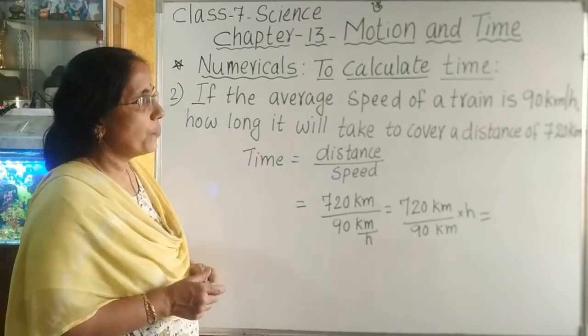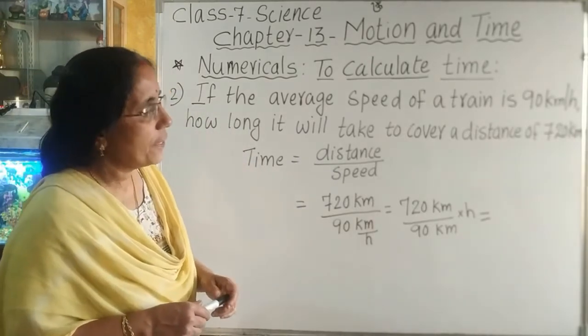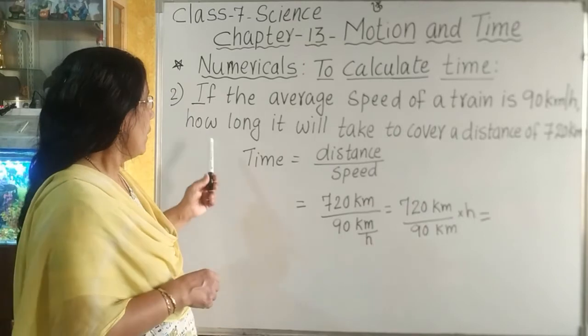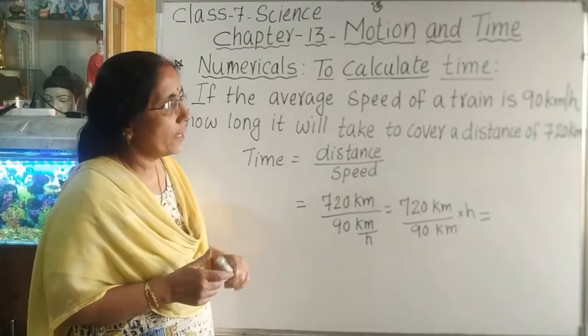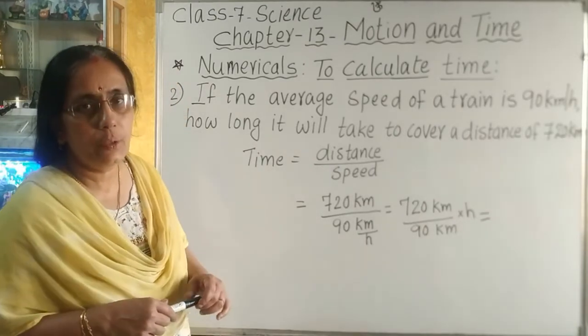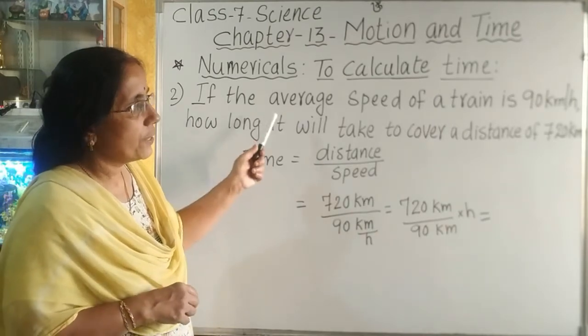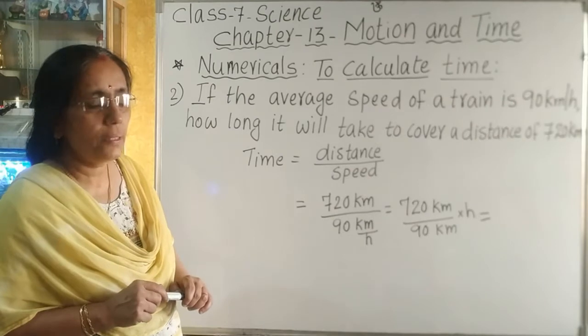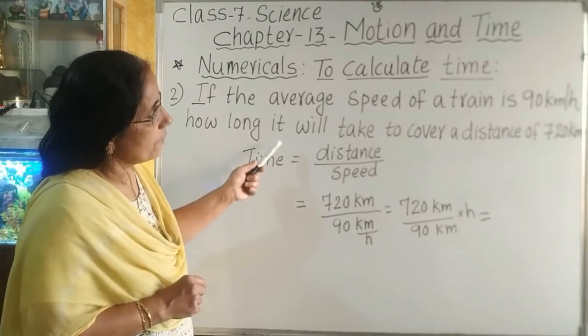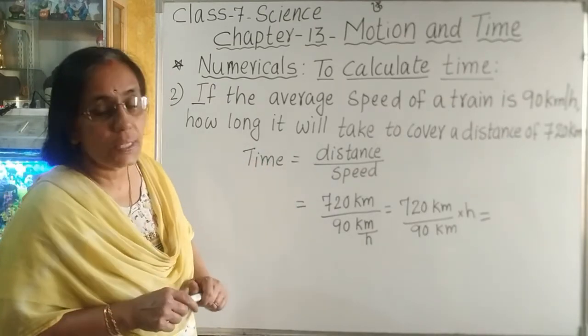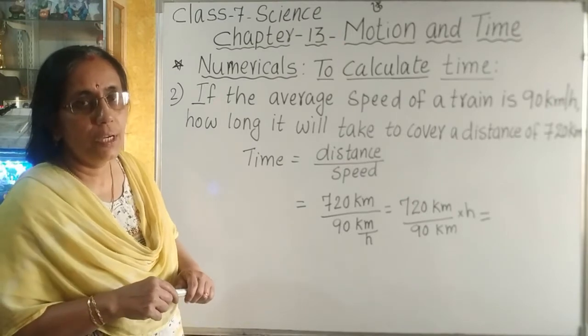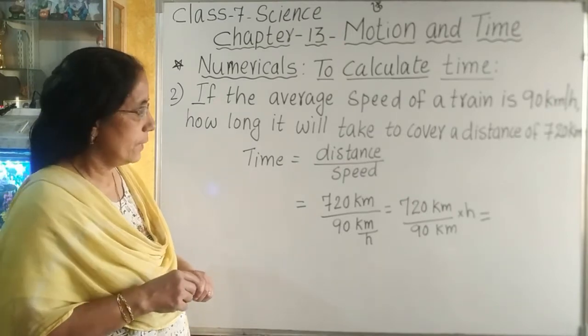If the average speed of a train is 90 km per hour, how long will it take to cover a distance of 720 km? So here what is the given data? The speed of the train is 90 km per hour and it has to travel a distance of 720 km. We have to find out the time required for that.